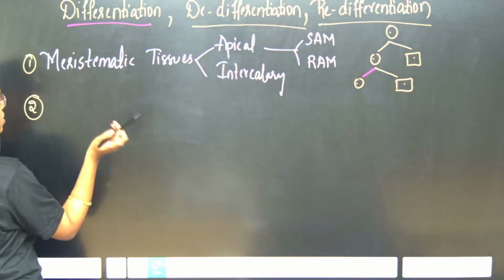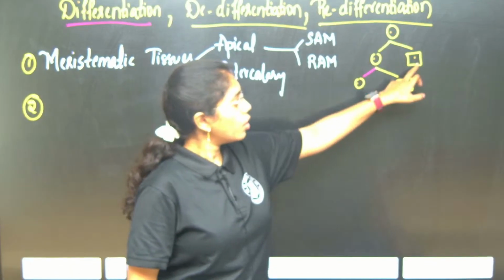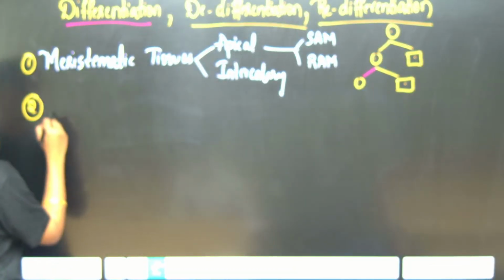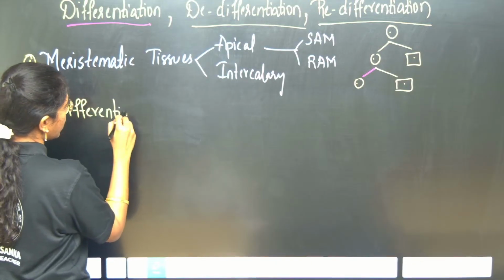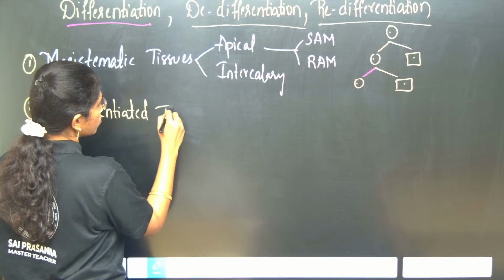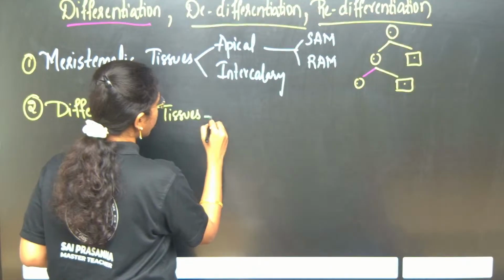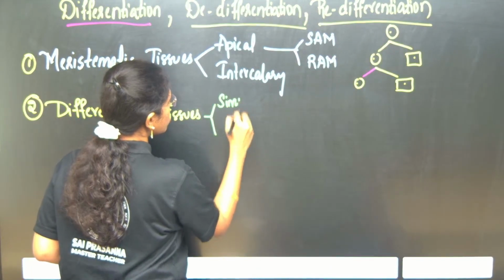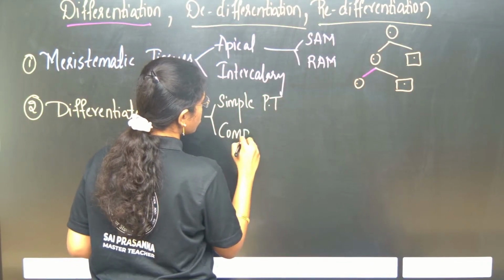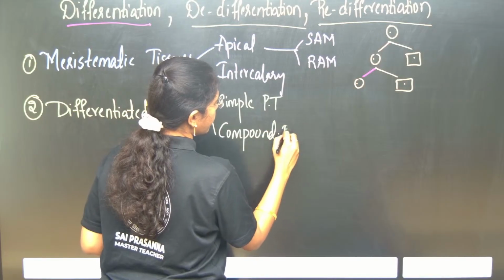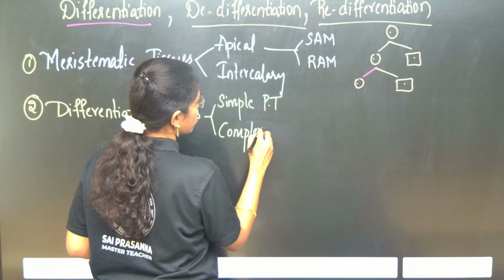Second is, first is meristematic tissues. These cells which are getting differentiated will form differentiated tissues. We have two types of differentiated tissues. What are they? Simple permanent tissues and compound permanent tissues, or complex permanent tissues.